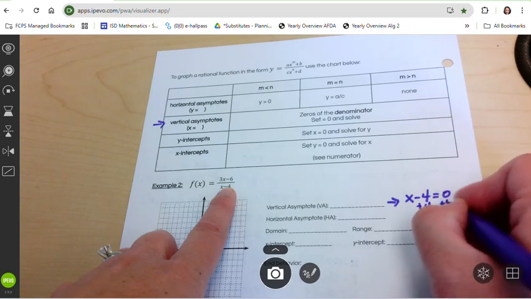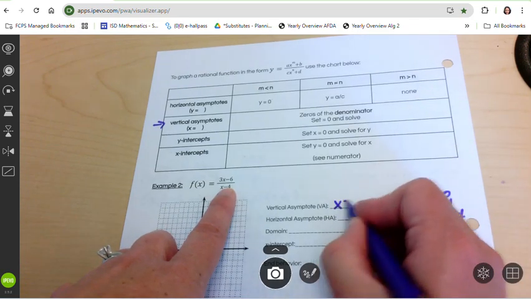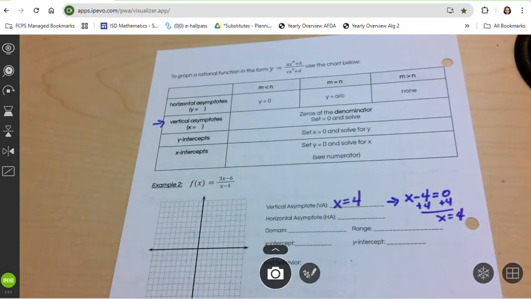Add the 4 and get x equals 4. So your vertical asymptote is x equals 4. That's the easier one. The horizontal asymptote has a somewhat complicated set of rules. And it depends on the degree of the numerator and the degree of the denominator.